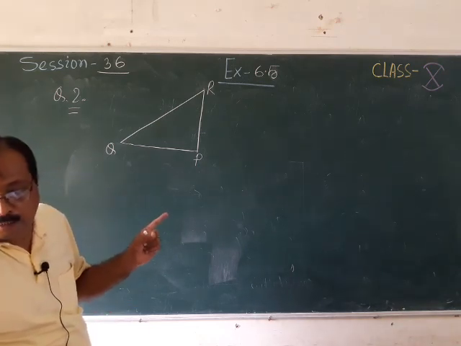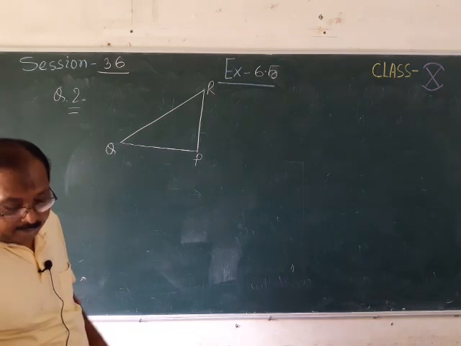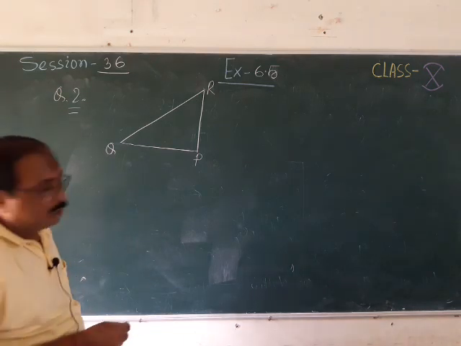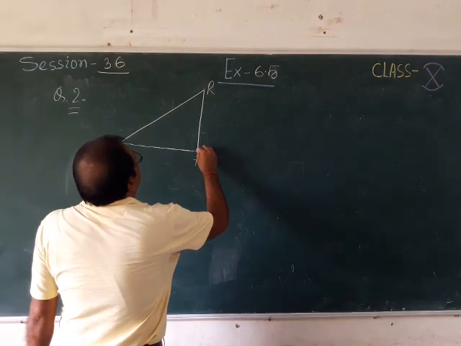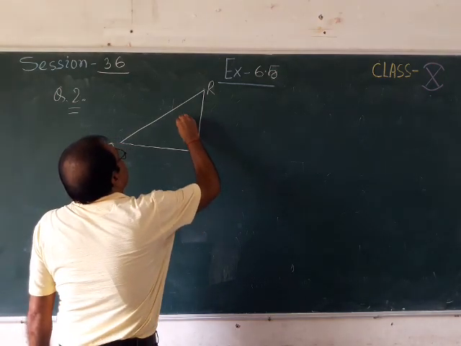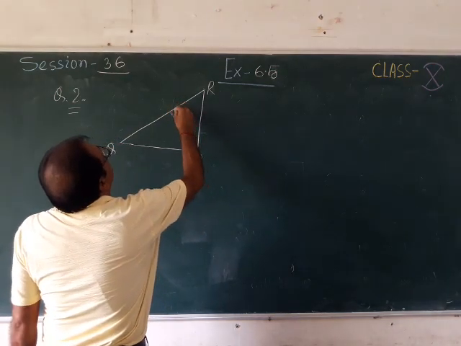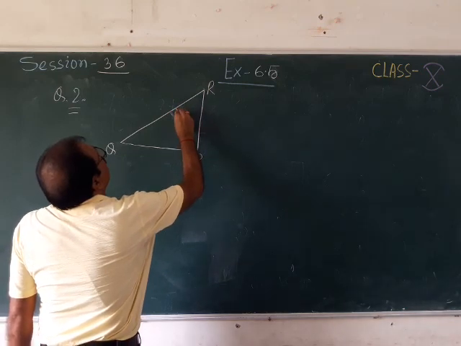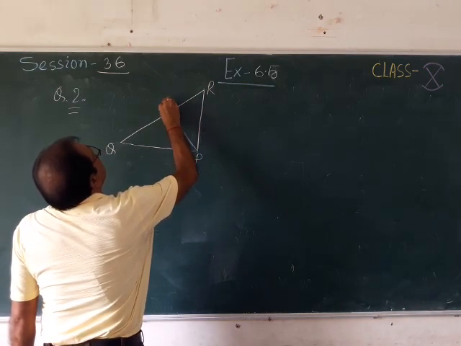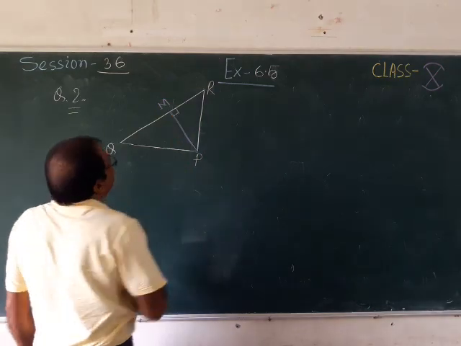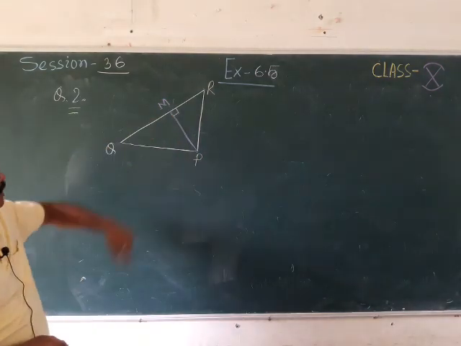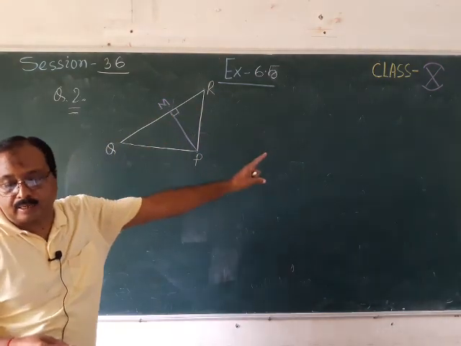M is a point on QR such that PM is perpendicular. Now I will draw a perpendicular like that. See, this is the perpendicular drawn here, and its name is PM. PM is perpendicular on the side QR.